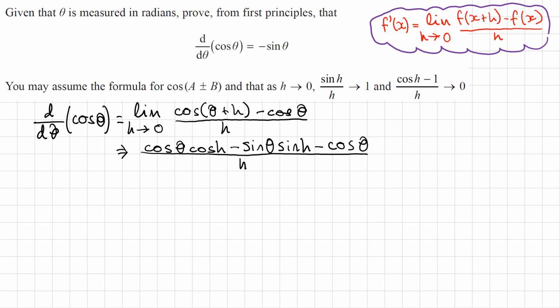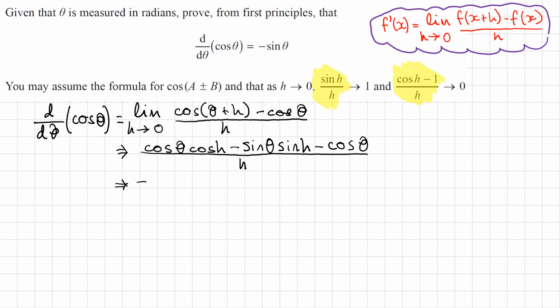Now what I'm going to do is rewrite this, grouping together the sine terms and the cos terms. I want to try and get this type of pattern, sine h over h and cos h minus 1 over h. That's what I'm trying to get to, because then I can use these assumptions that were given in the question. So let's put the sine terms together, and we'll split them up as well because they're all over the same denominator.